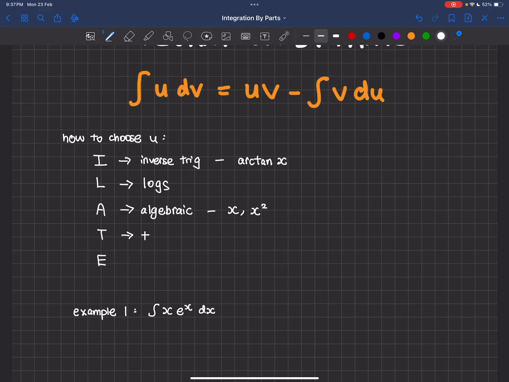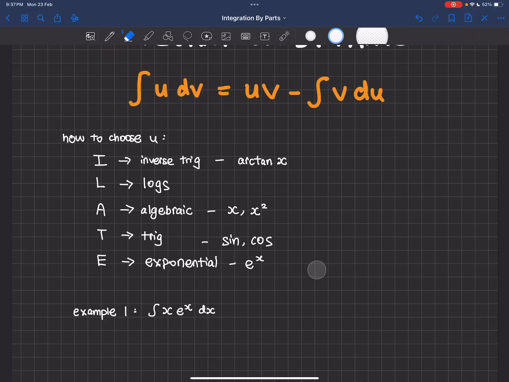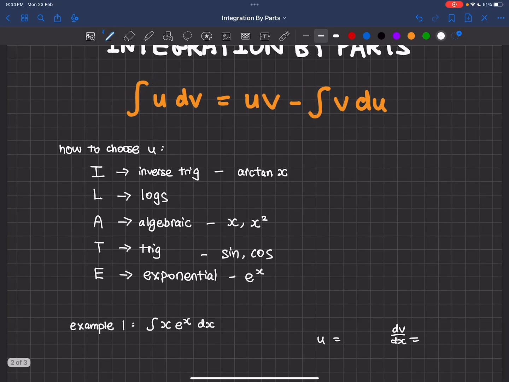T is for trig, so you know your sine, cosine. And E is exponent. Just remember exponent. We always put it at the last because e to the power of x is just e to the power of x. Okay, so this is clear.